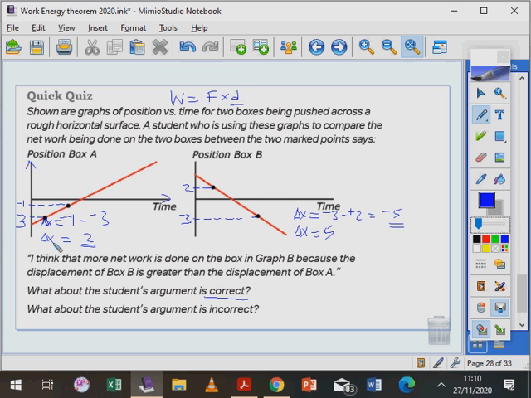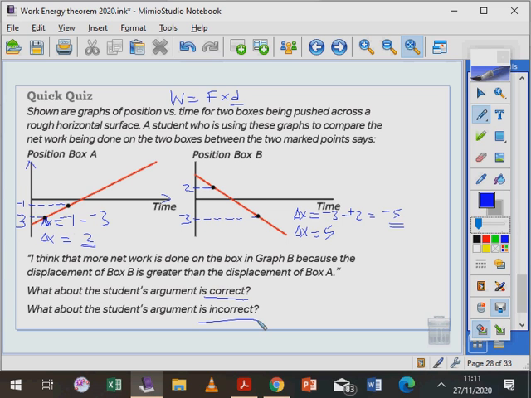Box B, yeah. So is it the absolute value of displacement, or just the displacement? Of the greater absolute value. So then it's box B. It's correct. So what about the student's argument is incorrect? Nothing.